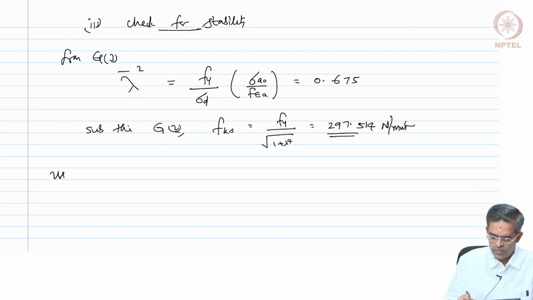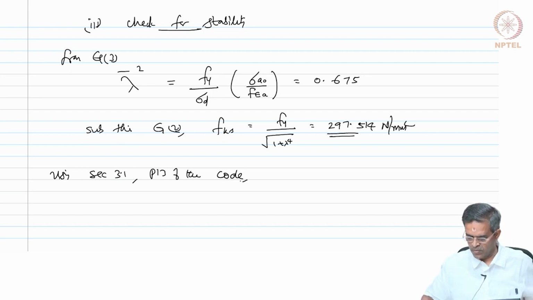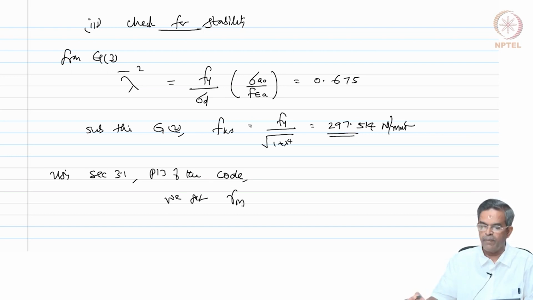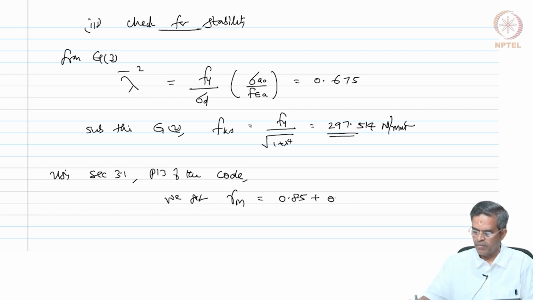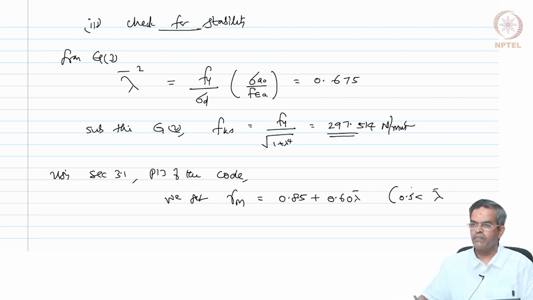So now, using section 3.1, page 13 of the code, we get gamma m as 0.85 plus 0.60 lambda bar, if lambda bar is between 0.5 and 1.0.